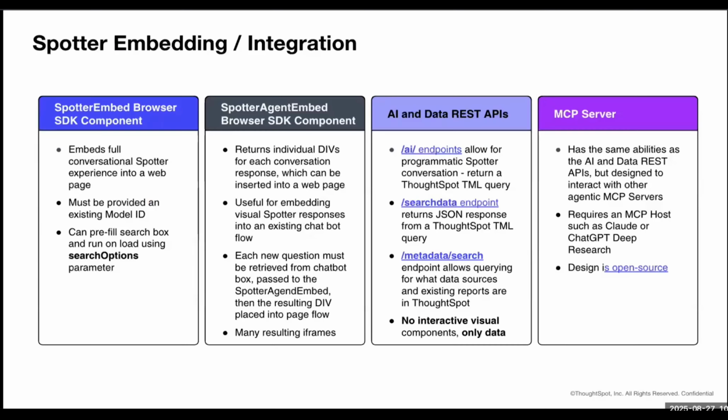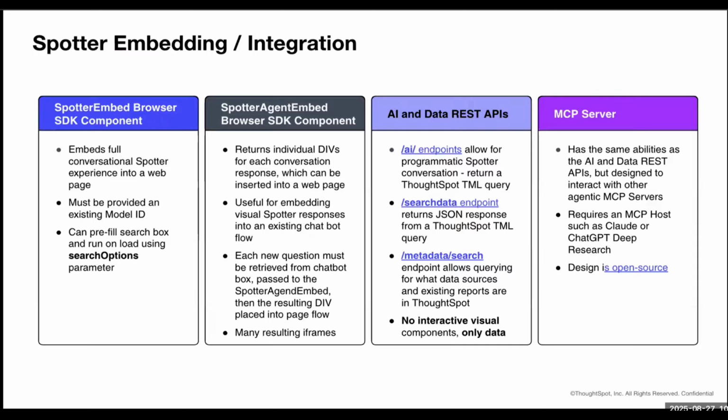So to start, for Spotter embedding and integration, there are really four main pillars for this type of integration with AI analytics and ThoughtSpot. We've had sessions on the Spotter embed, the left bucket. This is really what we call vanilla Spotter.